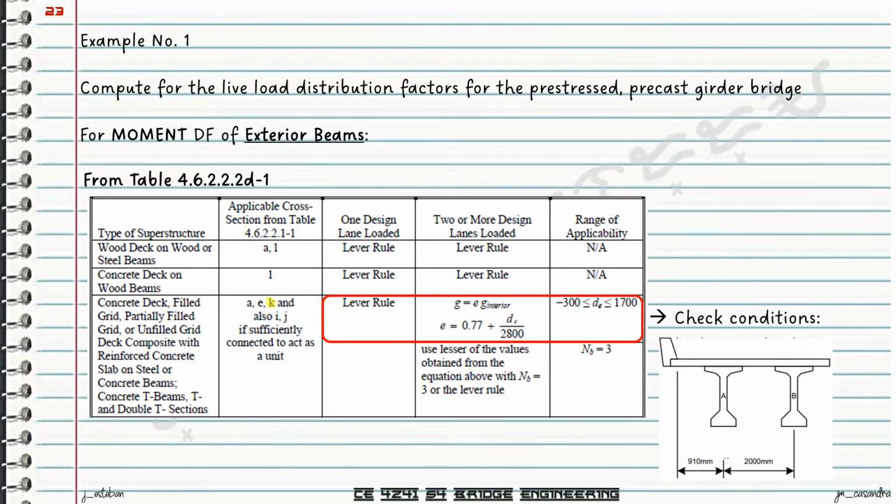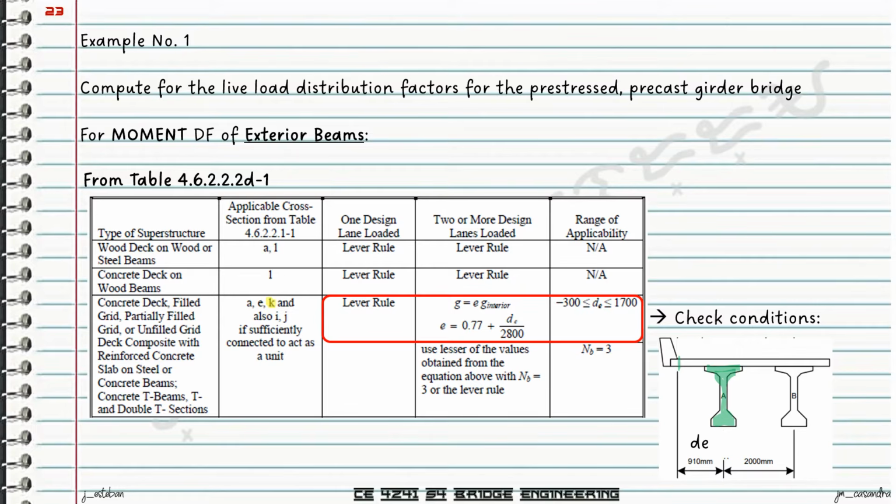So in this case, we have this diagram of our section. So we have here your exterior stringer. D sub E will simply be the distance between the exterior stringer, the center line, to the edge of your roadway.